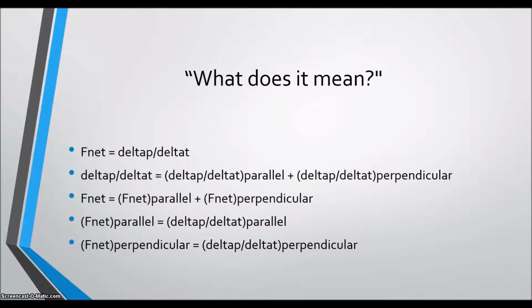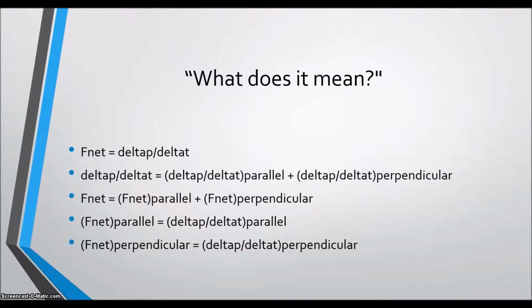What does it mean? So in this lab, we were asked, what is the difference between dp/dt parallel, dp/dt perpendicular, and Fnet parallel and Fnet perpendicular? Well, we've got to start from the beginning.